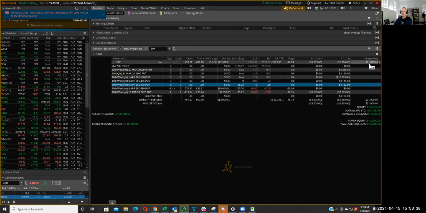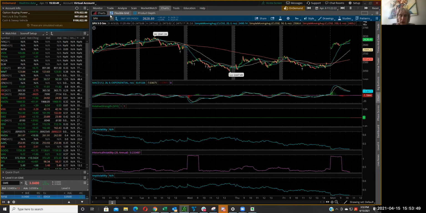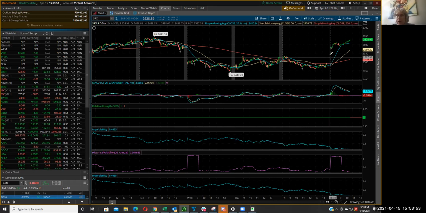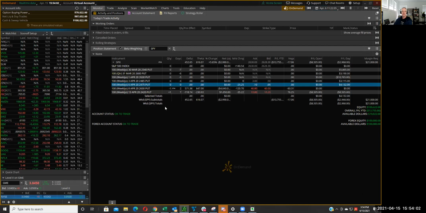Now we're using 21,000 in margin because there's a bigger spread here. Yeah, and the market moved up a lot, so now your spread is much wider. Yeah, so you see how the market shot up. Huge gap up. It gapped up, so it went to 26.28. So it's trading up almost 160 points, right?